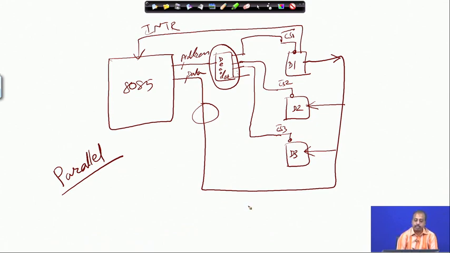Instead of that, what we have in 8085 is another facility, which is the serial input. SID and SOD pins are there. Anything that you want to input from a device, if you can connect it to the SID, the serial input data, it can read data from the device serially, 1 bit at a time.